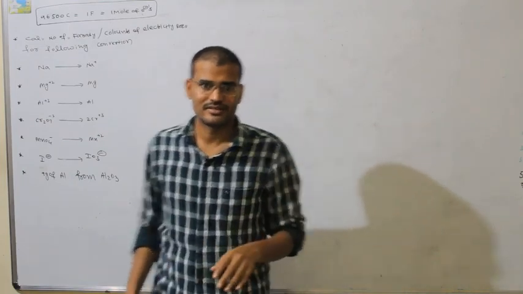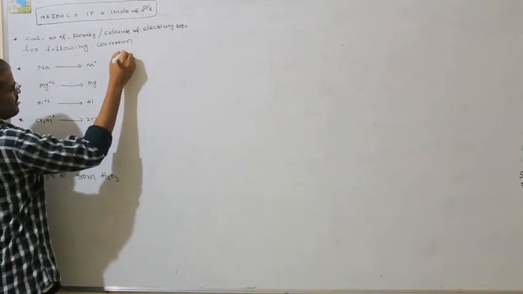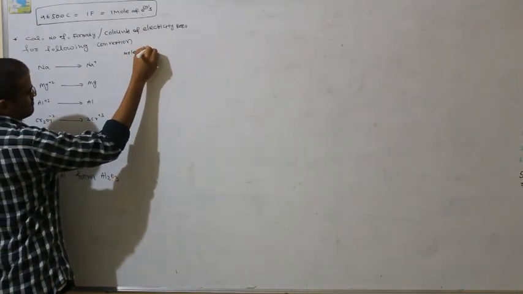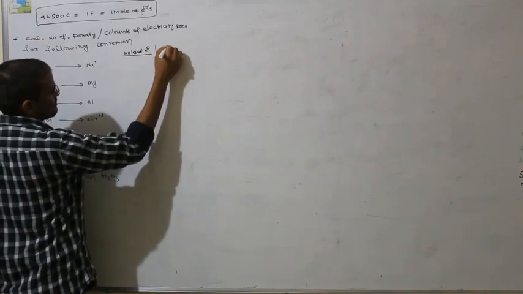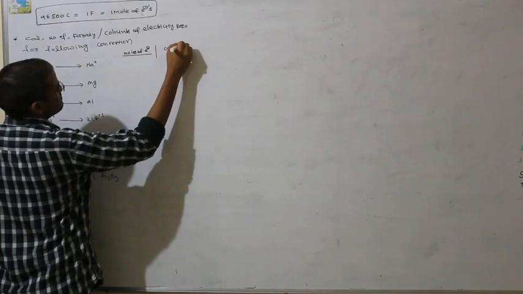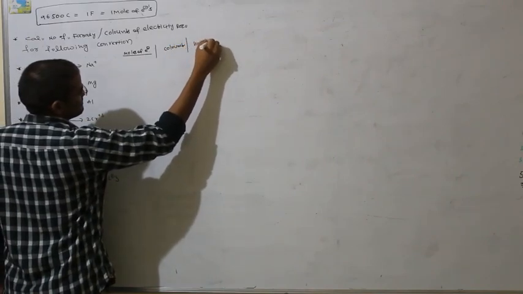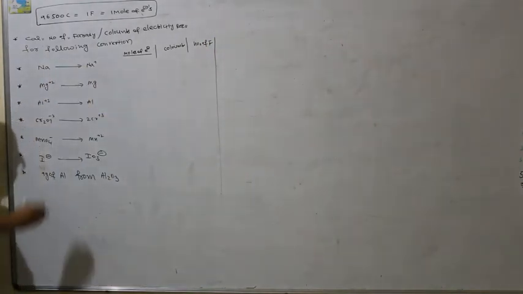So here I will take moles of electrons, coulombs, and number of Faradays, three values.